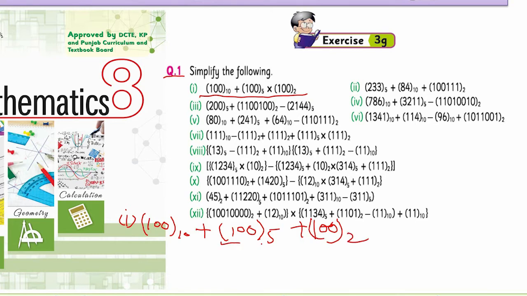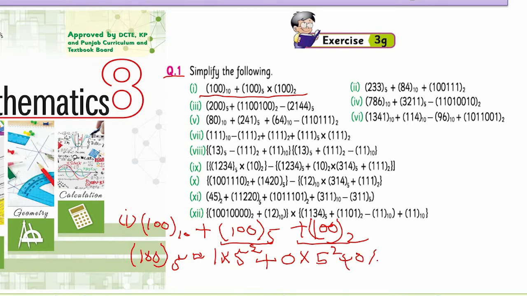First of all, we will convert these two numbers into the base 10 number system and then add the results. So look, 100 with base 5, how to convert? 1 multiplied by 5 raised to the power 2, because there are three digits, plus 0 multiplied by 5 raised to the power 1 plus 0 multiplied by 5 raised to the power 0.